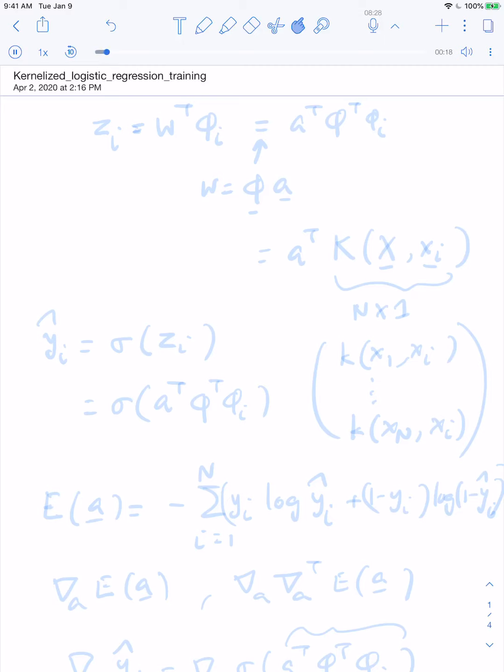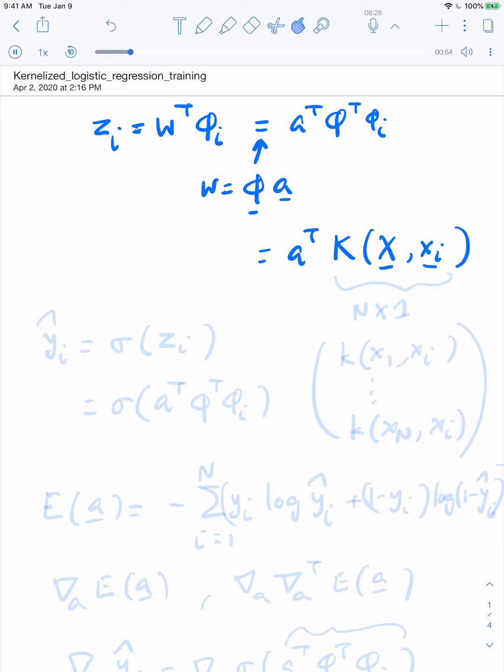Basically, your log likelihood ratios for the training points, which are W transpose phi, now that W is a linear combination of these feature vectors, become A transpose phi transpose phi. Of course, with the kernel trick, we are not really specifying the feature vectors explicitly. So this is just, in the notation we had introduced, K(X, xi).